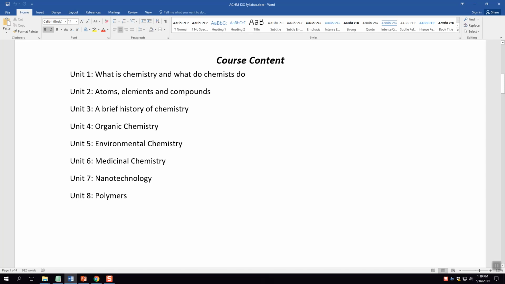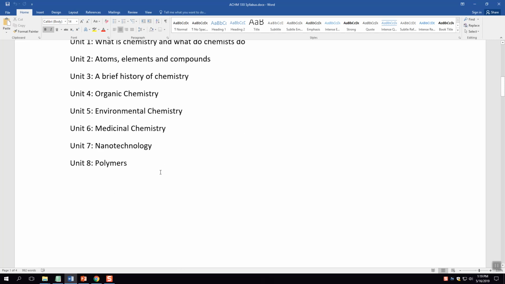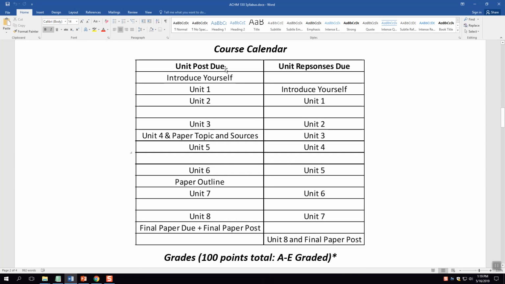Then atoms, elements, and compounds, a brief history of chemistry, organic chemistry, environmental chemistry, medicinal chemistry, nanotechnology, and polymers. So this is kind of our outline of our course. This is when the unit's posts are going to be due and the unit responses are going to be due. And in the actual syllabus that you have in Blackboard, you're going to have a date column here so you can see when this works.